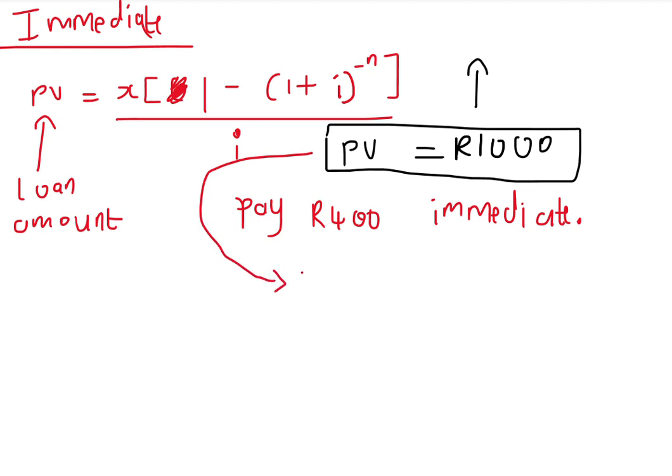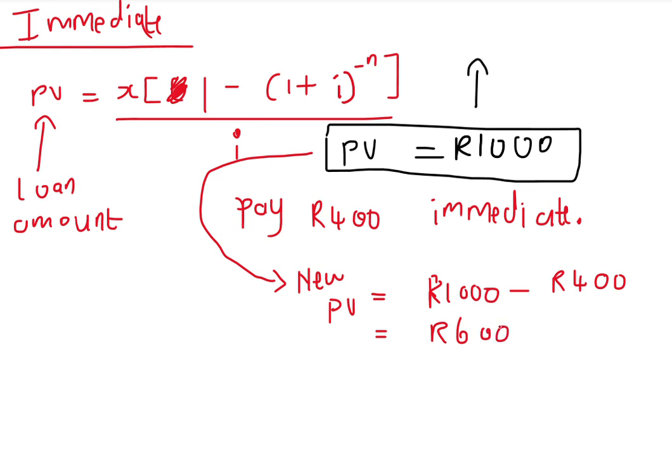This means that the new loan amount, or the new PV, will be equal to the amount which I borrowed from the bank, which is 1,000, minus the amount of the deposit which I made, the amount which I paid immediately, and the answer for that will be 600.